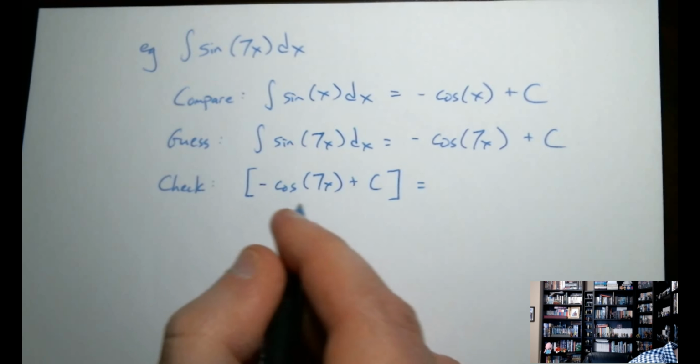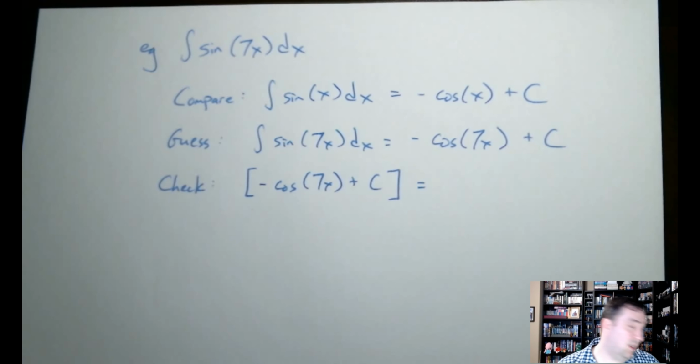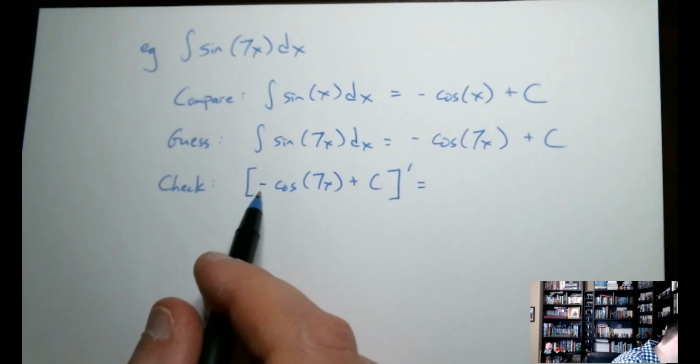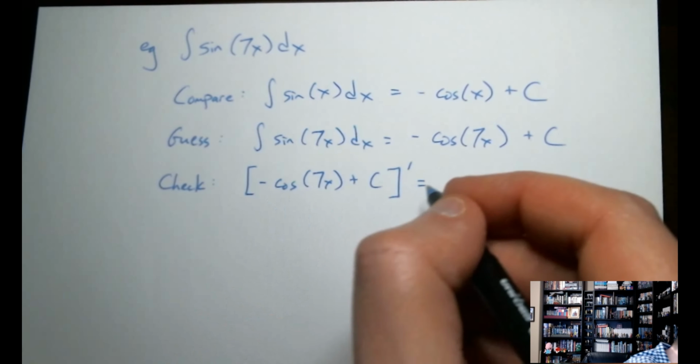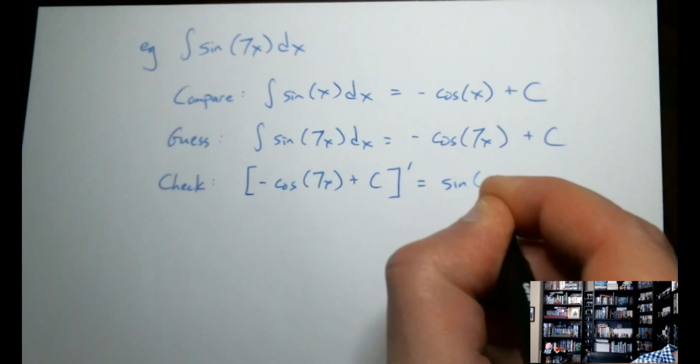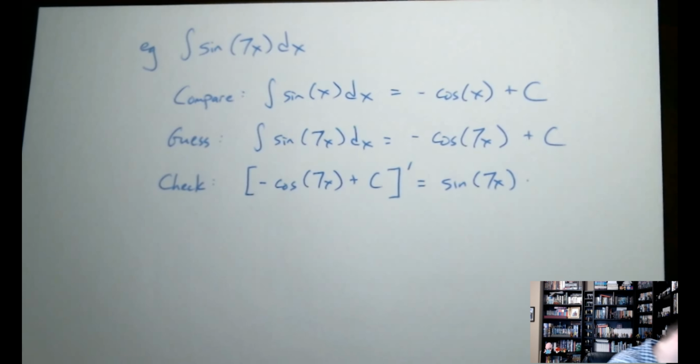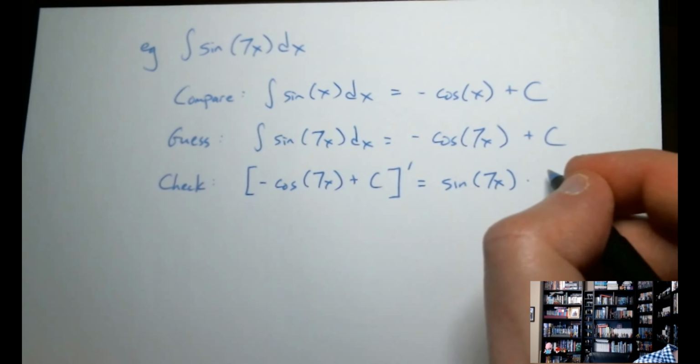Well, again, we're going to need the chain rule because that's the derivative of a composite function now. I should actually write down my little prime symbol. And so the derivative of cosine we know is negative sine. So the negative will just give us a positive sine of 7x. But then by the chain rule, we have to multiply that by the derivative of the inside function. The derivative of 7x, of course, is 7.